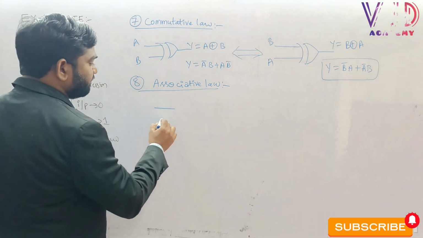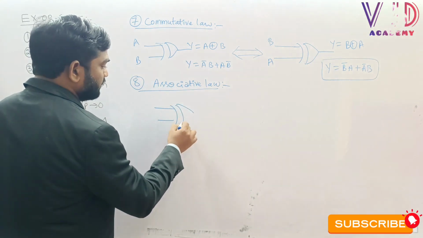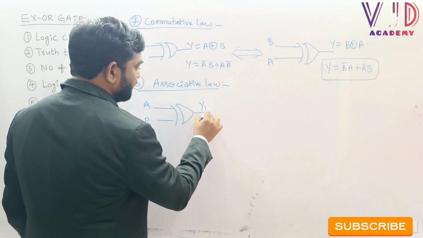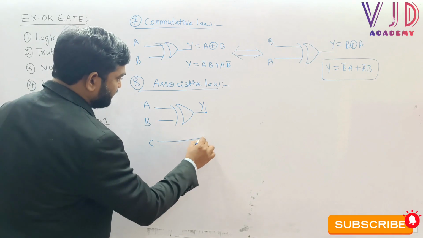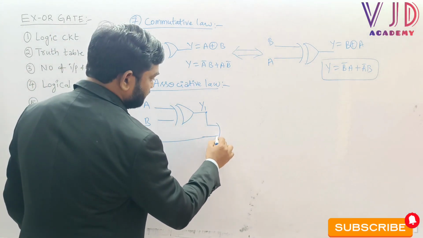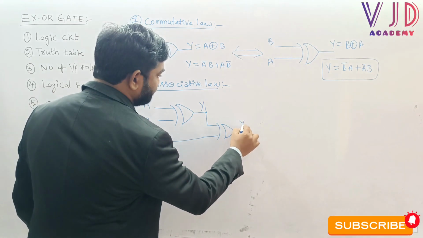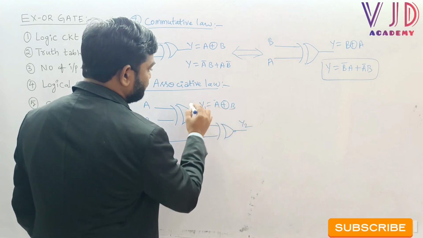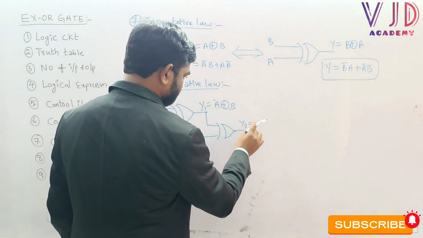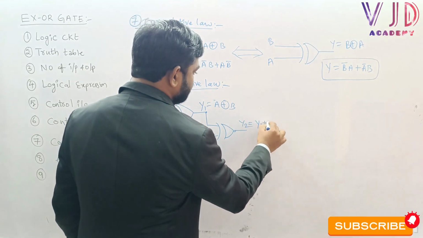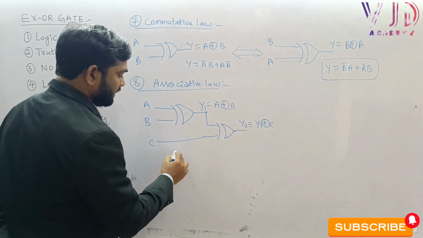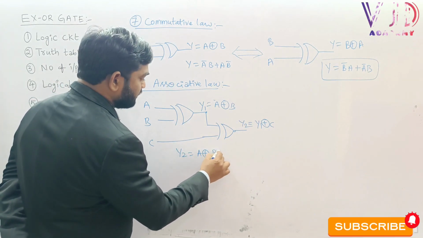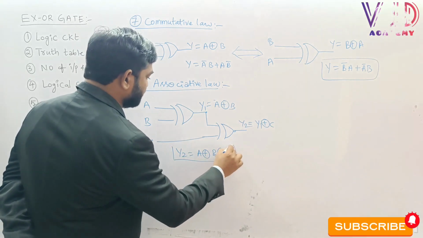When we add one more input, here A and B with output Y1, and now another input C with output Y2, which means Y1 equals A XOR B, and Y2 equals Y1 XOR C. So I can write Y2 equal to A XOR B XOR C. This is the equation.